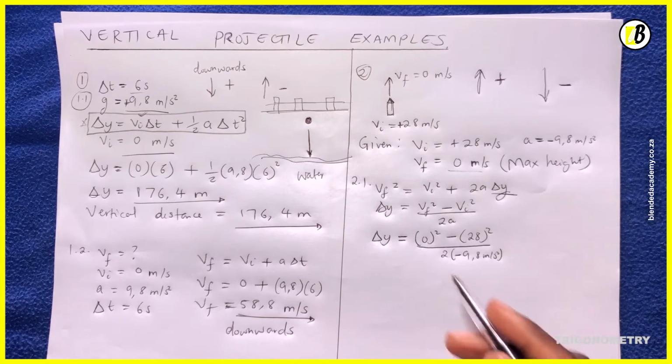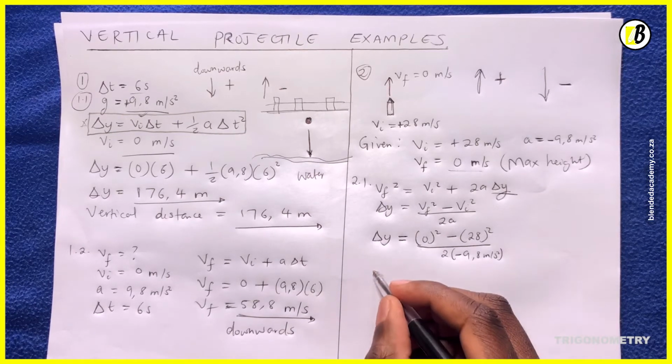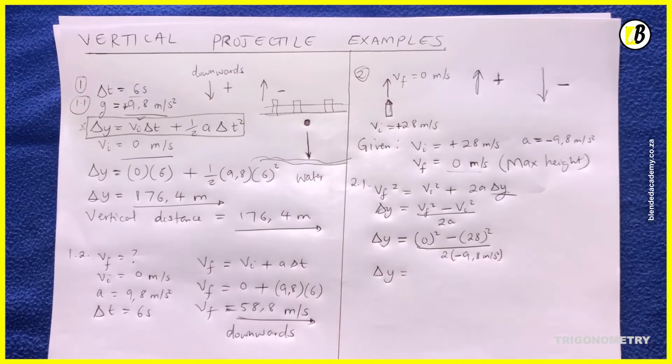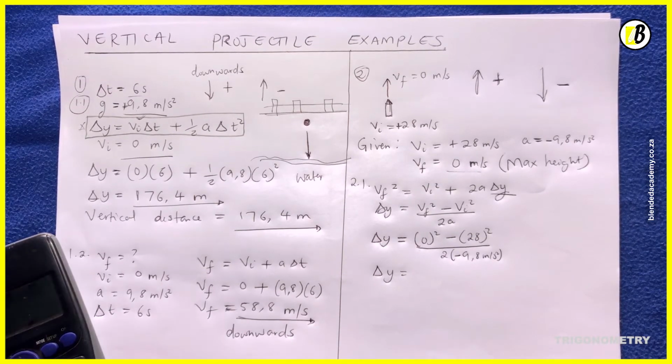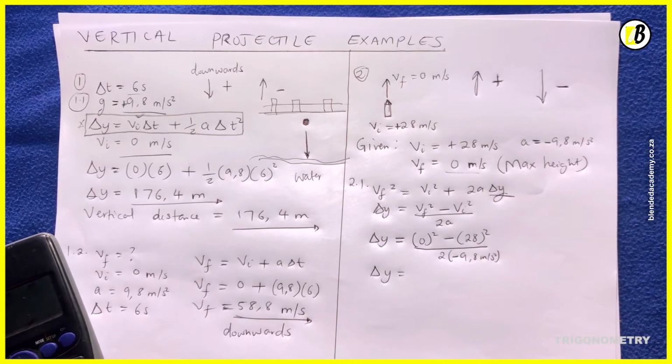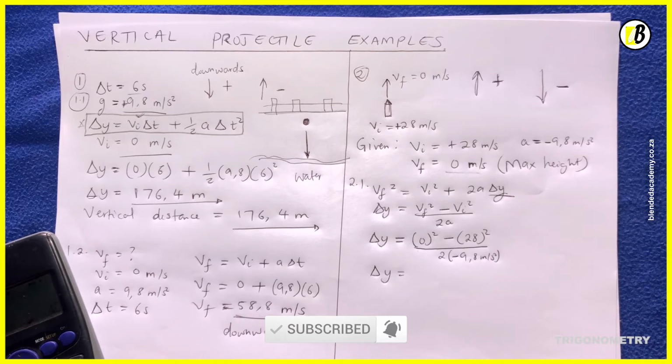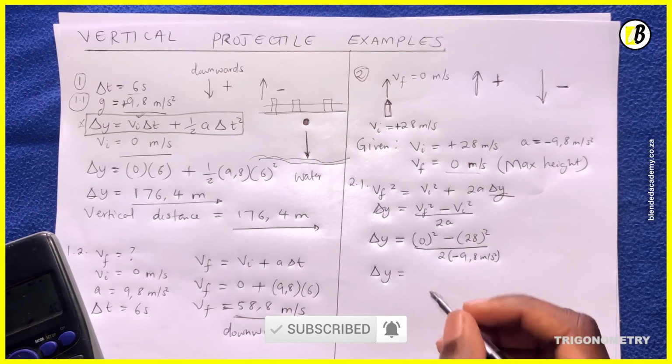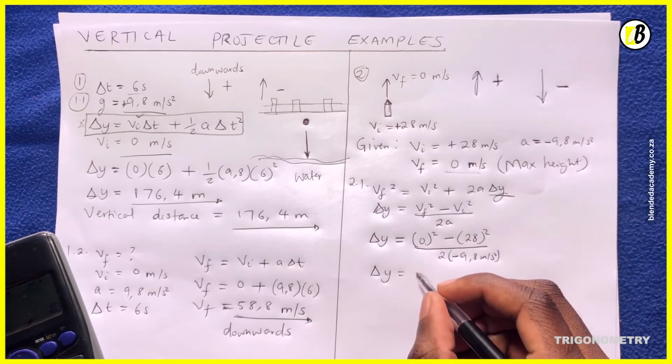Change in y equals 0 minus 28 squared divided by 2 times minus 9.8. This will be our maximum height reached by this particular bullet.